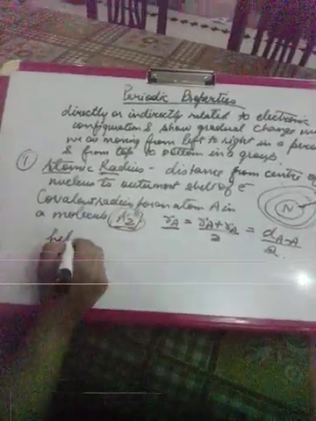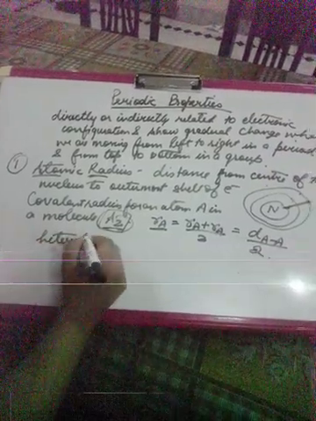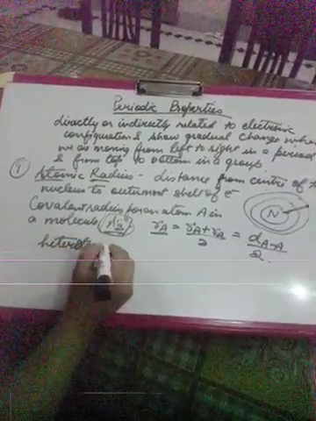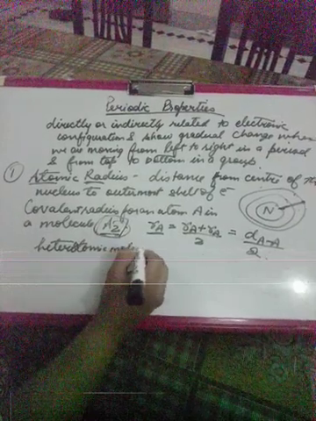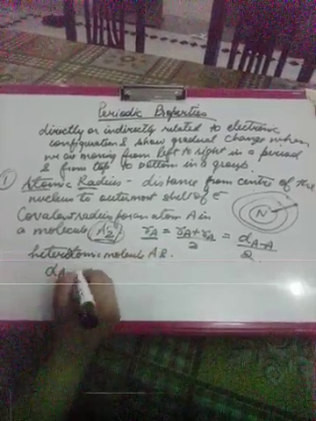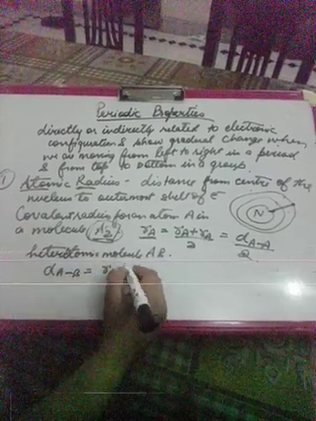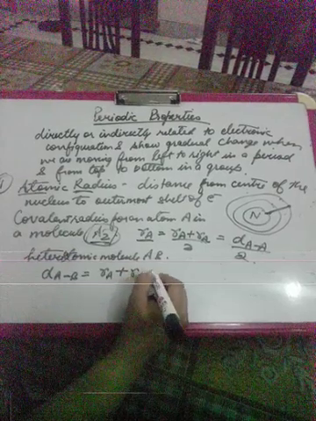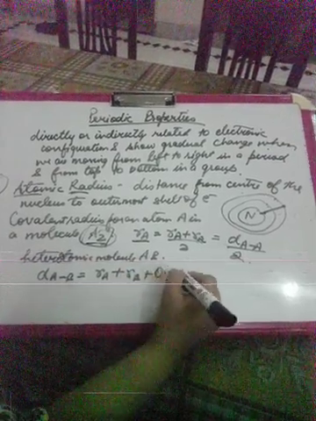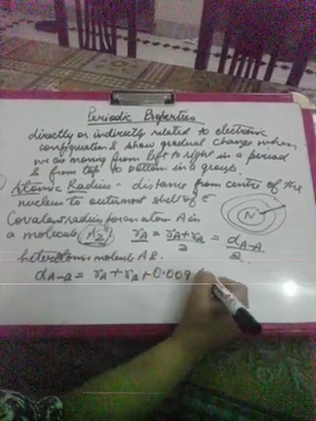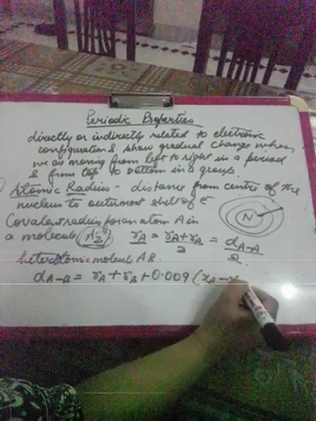If we take a heteroatomic molecule AB, then DAB is RA plus RB minus 0.009 XA XB.